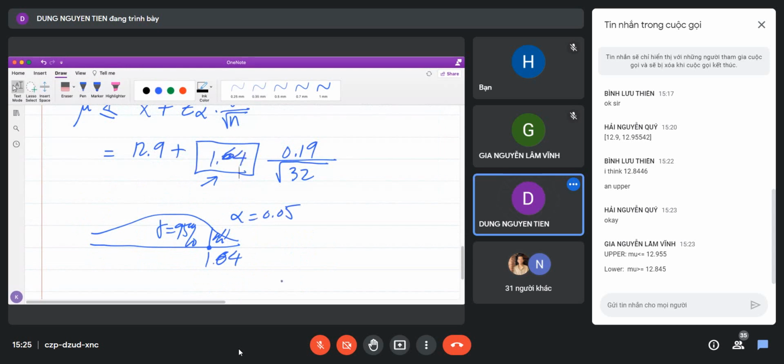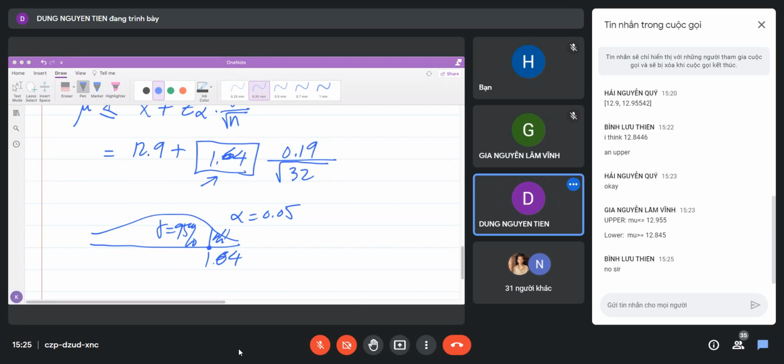Understand? Is there any question so far? So you get 12.9 plus, let's say, I'm going to use 1.64 for that, times the value 0.19 over the square root of n, and in this case n is 32.